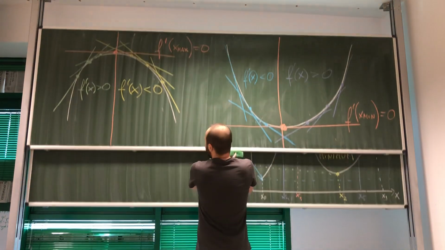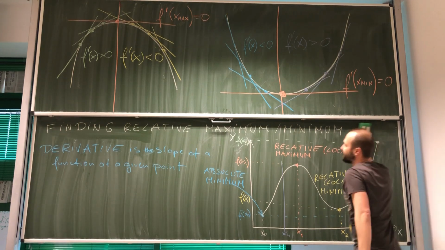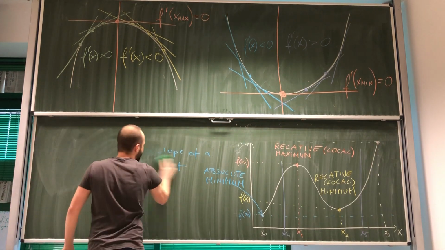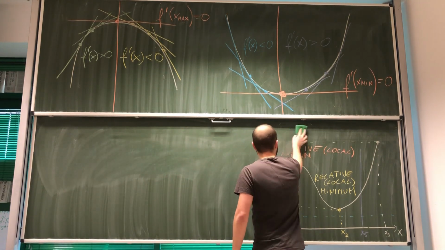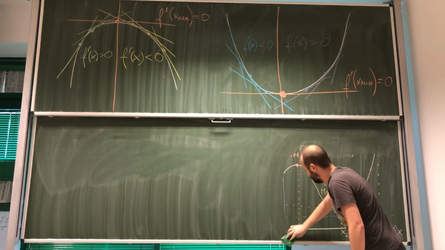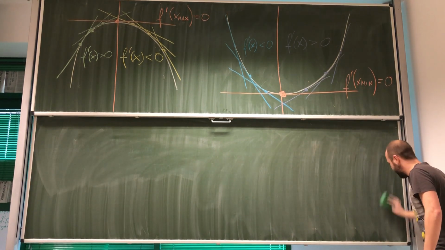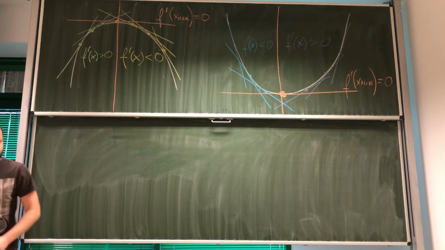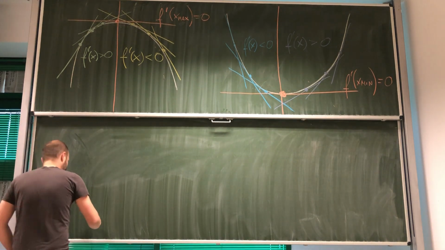Let me again illustrate this on the graph. In the next video, we're going to cover specific examples that will make everything easier in terms of calculation, and we'll explain in more detail what we need to do. But let me now just show you a case of the function that looks like this.